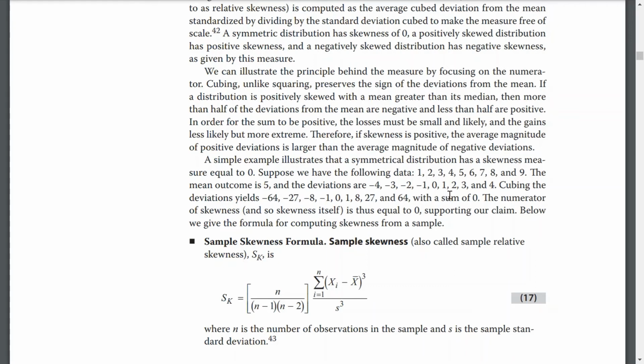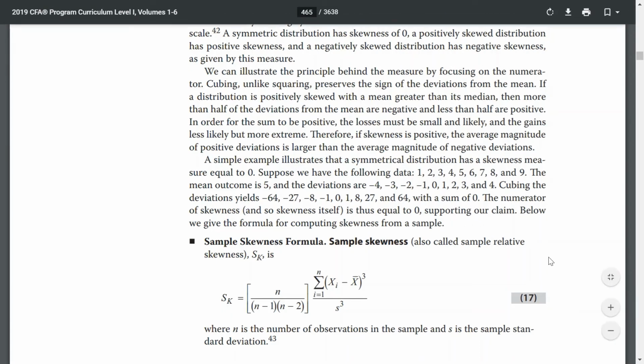Cubing the deviations, we get these, with a sum of 0. Because if we add all of them up, they get 0, because it's perfectly symmetrical. At number 5, we have 4 numbers greater and 4 numbers smaller. So if we add them all together, we get 0. The numerator of skewness, and the skewness itself, is equal to 0.